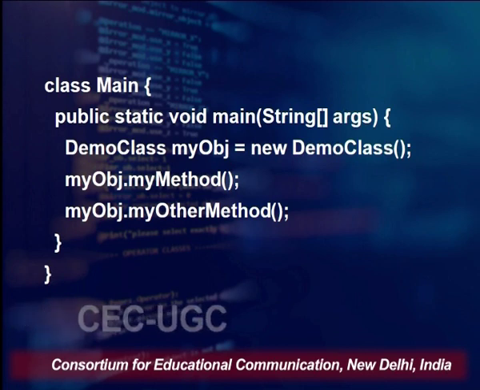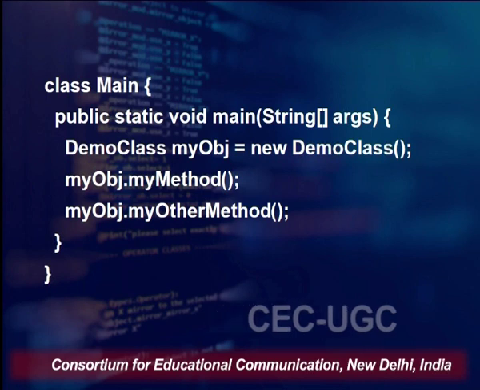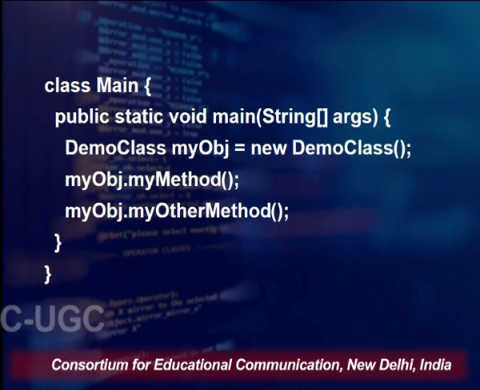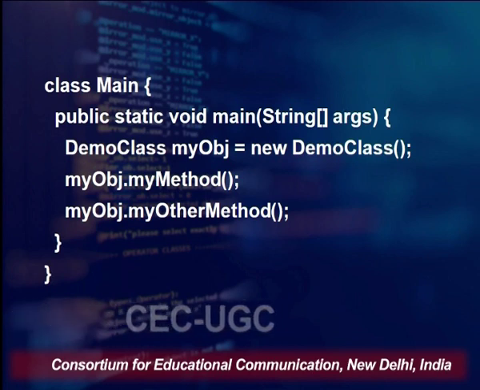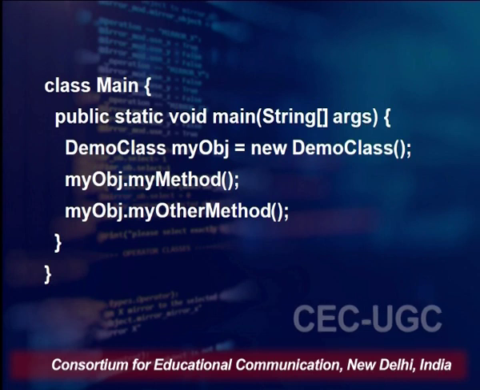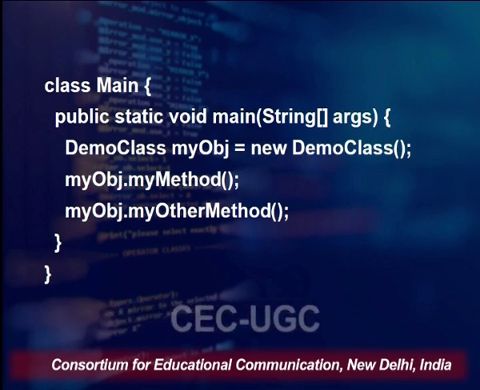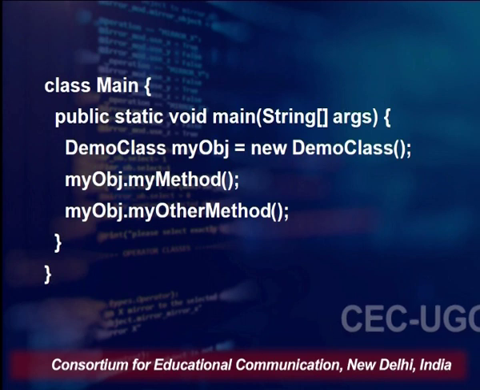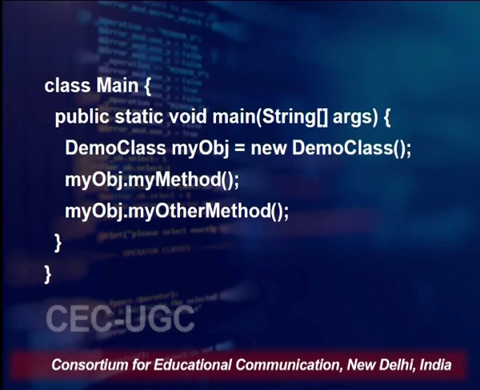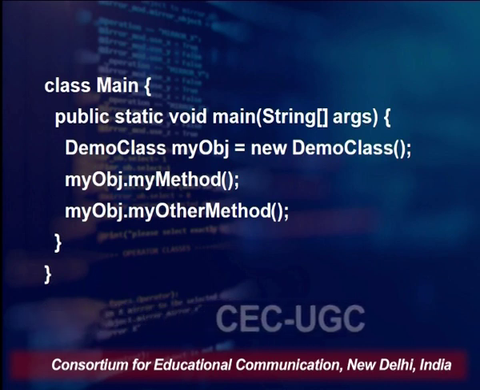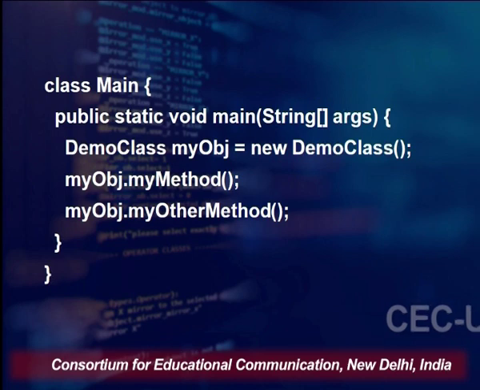So, we have the demo class and we are going to instantiate that demo class. A new object is being created and the instance variable is my obj. With this instance variable my obj, we can call my method, which is available inside the demo class and actually belongs to the first interface, and then my obj dot my other method, which belongs to the second interface, but the definition is present inside the demo class.